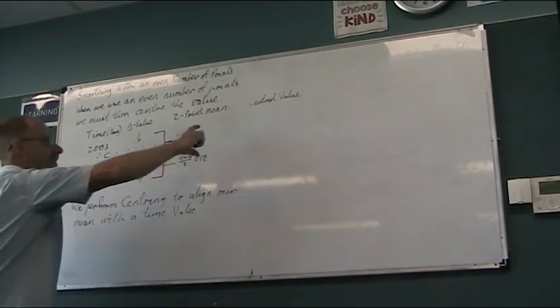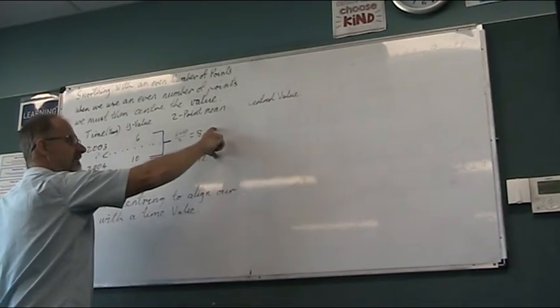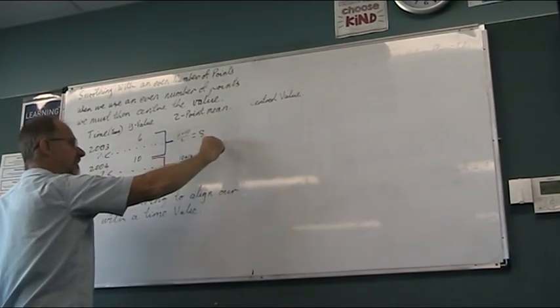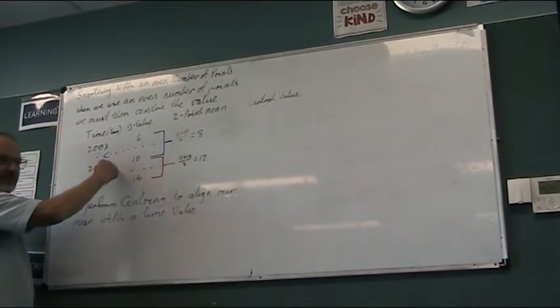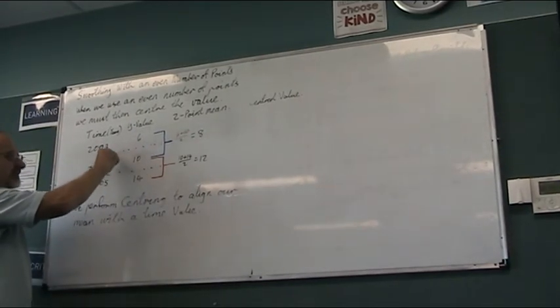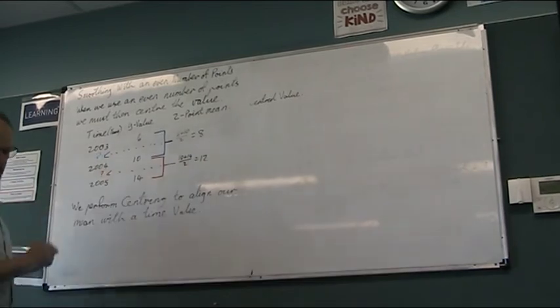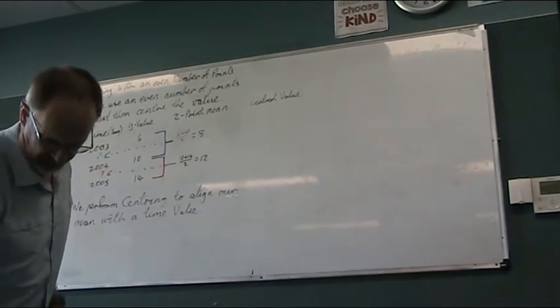We've got these two values, and if we take the mean of them, it's in the middle between them, halfway between there and there is 2004, so that's exactly what we do.